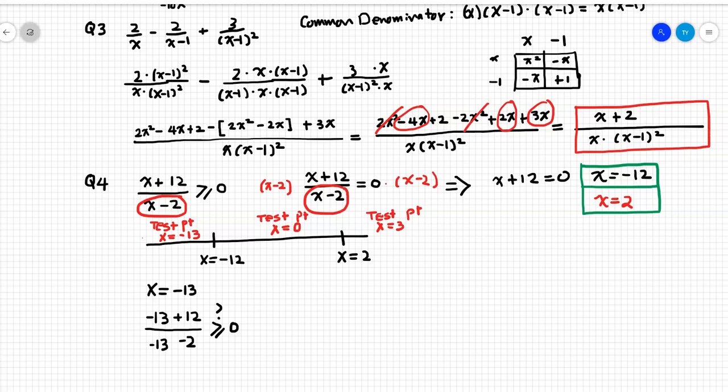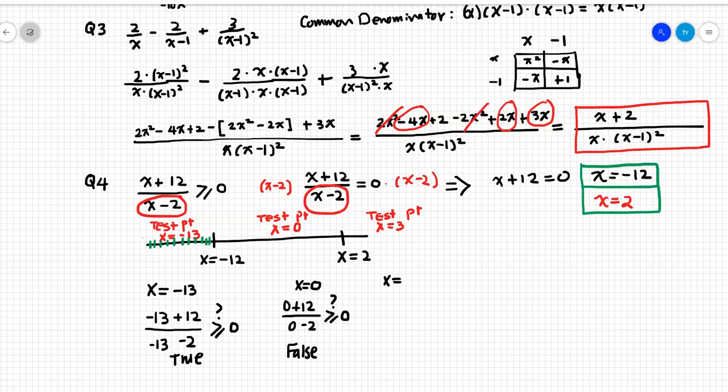So we're going to shade this area. Next test point, x = 0. Plugging in, (0 + 12) / (0 - 2). Is this greater than or equal to 0? That's -6, so that's false. So we are not going to shade anything there.